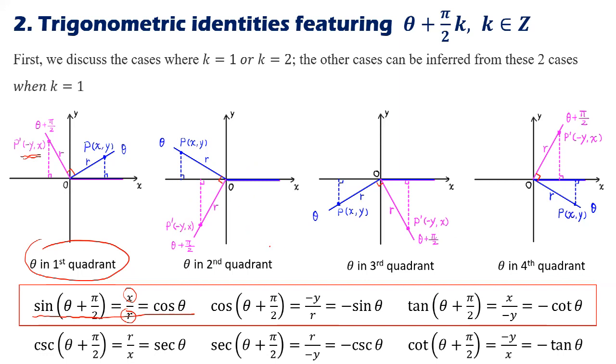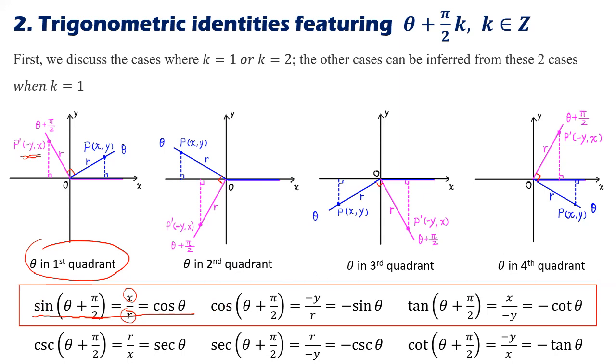Same thing will happen in the first, second, third, and fourth quadrant, right? So no matter which quadrant theta is in, we all have the relationship sine theta plus half pi equals cosine theta. You understand? Okay.